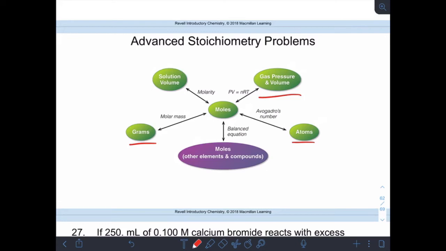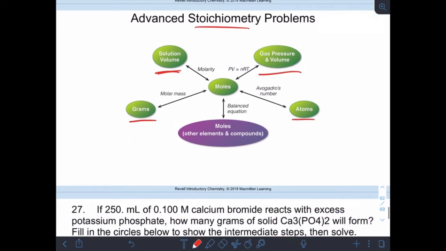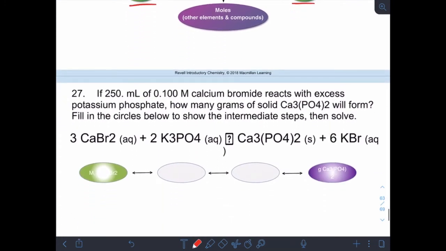Now we have moles and liters, so molarity, solution to moles. Okay, but in the end, the stoichiometry part doesn't change. That's moles to moles, right? Moles of one thing to moles of any other thing in the equation.